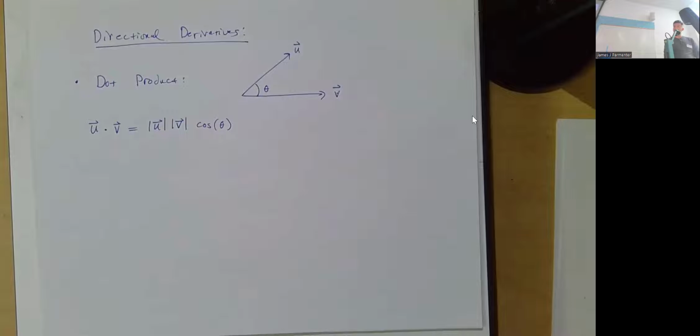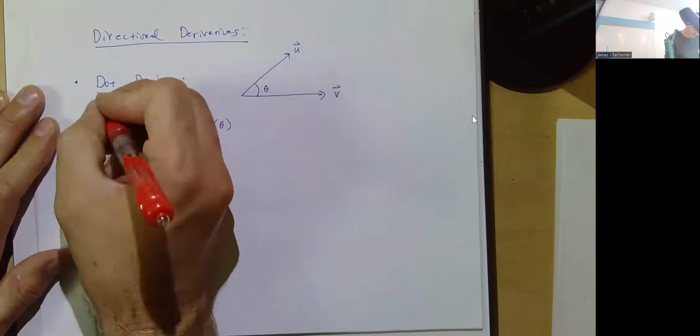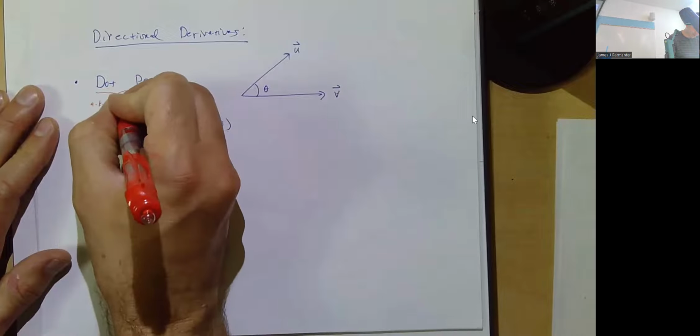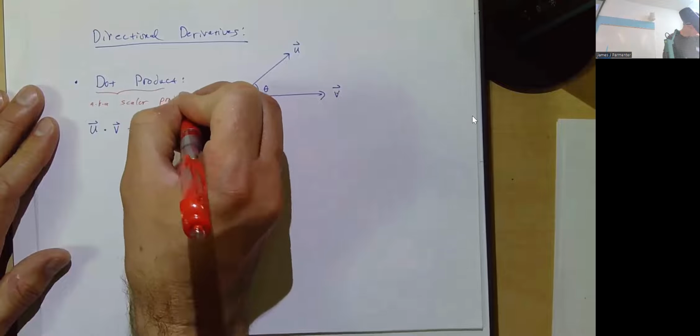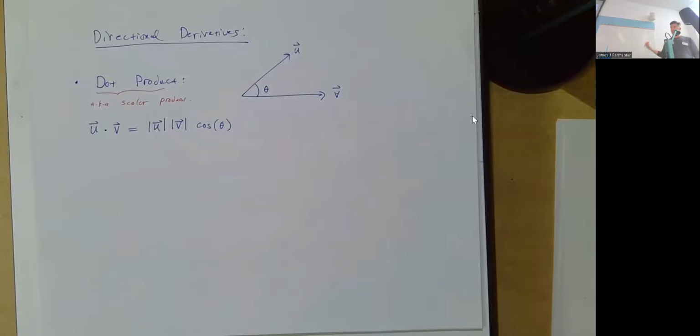I will point out this, when you dot product two vectors together, your answer is a scalar or a number, right? You don't get a vector back. It's also called the scalar product because it gives you a scalar back. The nicer way of calculating a dot product is if you know the components of your vectors.